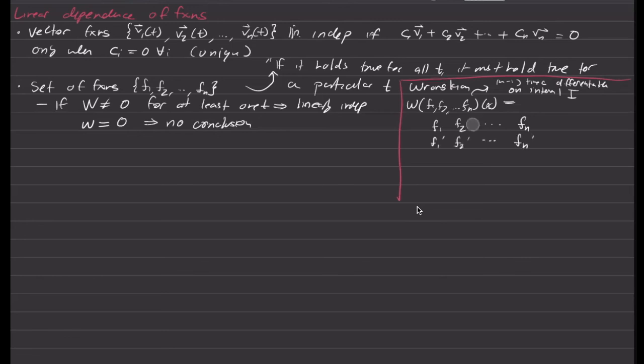Then we keep taking derivatives until we get to the n minus 1th derivative: f1's n minus 1th derivative, f2's n minus 1th derivative, and fn's n minus 1th derivative. If you take the determinant of that, that gives you the Wronskian for x on the interval I.